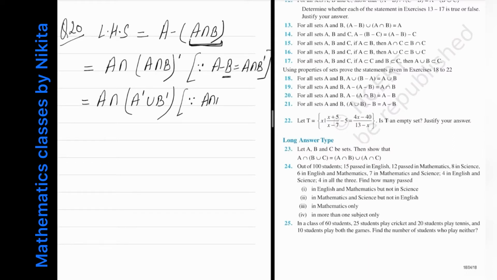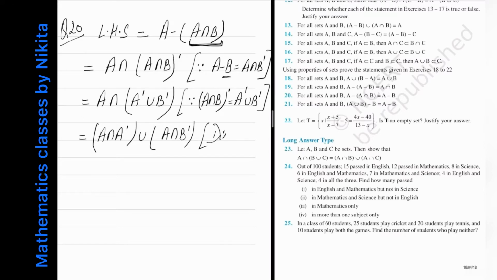That (A intersection B) whole complement is equal to A complement union with B complement. Now I can apply the distributive property. So this will be equal to (A intersection A complement) union with (A intersection B complement). So I have used the distributive property.